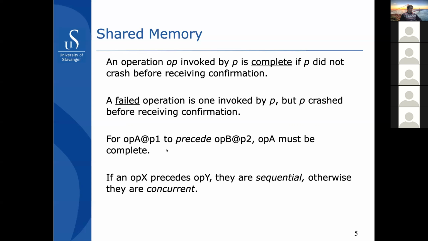And one last thing is that two operations are sequential if one of them precedes the other one, and if they are not sequential, they must be concurrent. This is a bit similar to the causal ordering that we saw before.